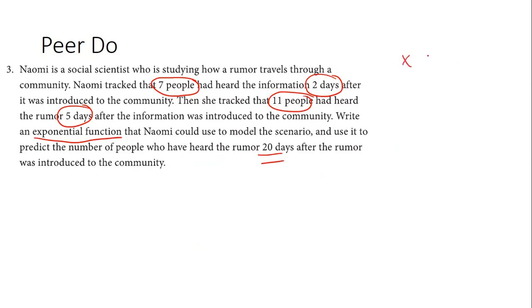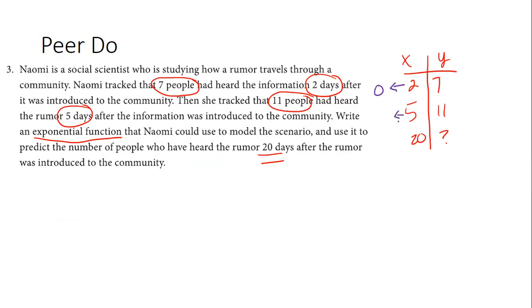Now, the key thing here that we have to pay attention to is we have 2, 7, 5, 11, and we want to know 20. Because we don't have a 0, we're going to force our 2 to be our 0. If 2 is our 0, what does that make 5 become?